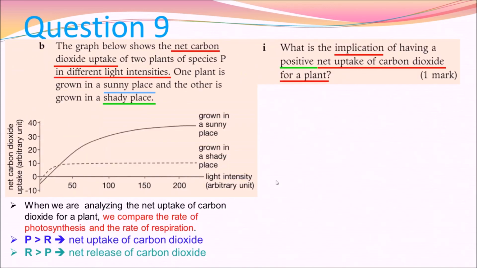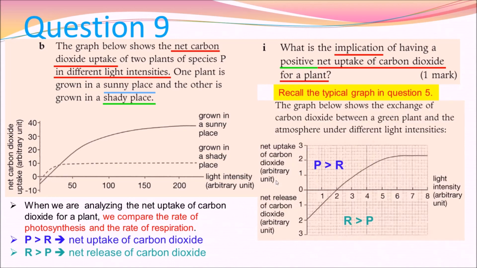And then part B is also taking a look at the graph. It's just a simple graph we talked about before. Okay, the typical graph in question 5. We talked about it many times that for the net uptake of carbon dioxide of the plant, we need to compare the rate of photosynthesis and the rate of respiration.